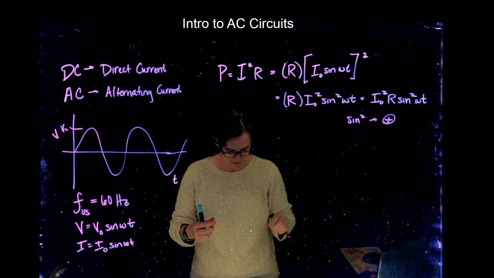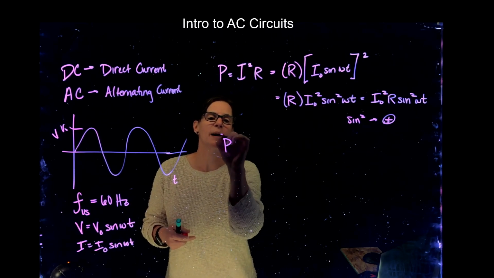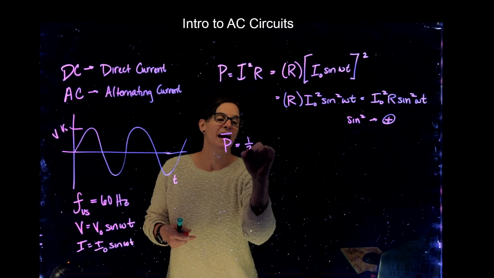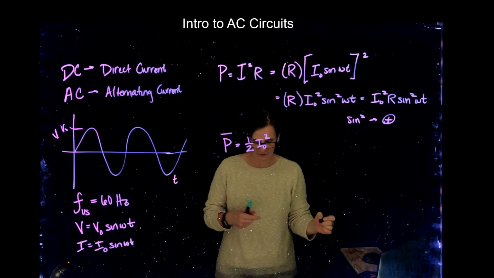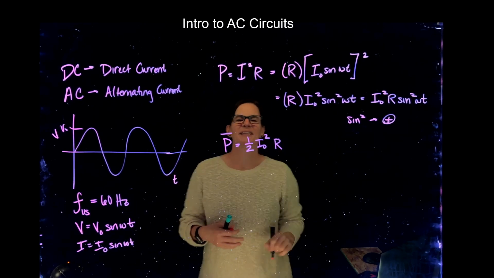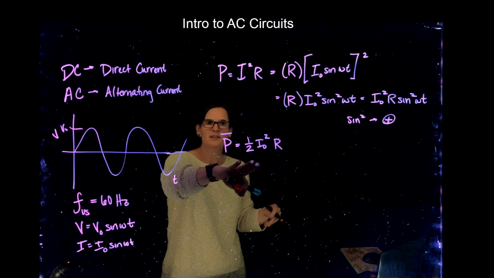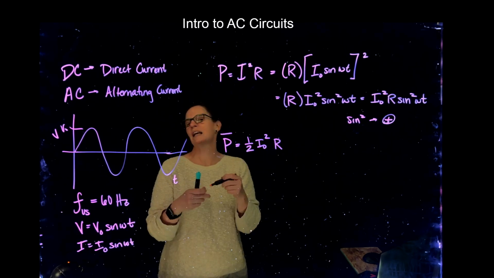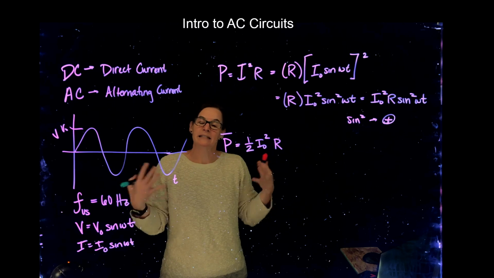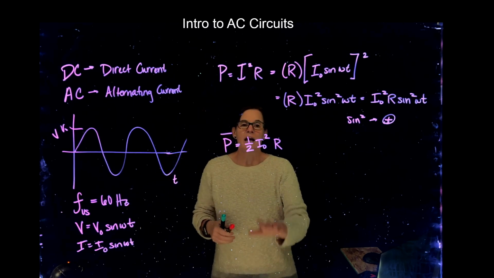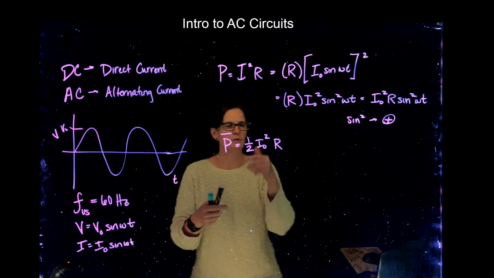And if I take the average of this function, our average power is equal to 1/2 I naught squared times R. This is the average power, which is always positive. So that's a good thing. That's how we can appreciate that these resistive elements get power, right? Dissipate power. This is the relationship in terms of current, and you can do the same process.